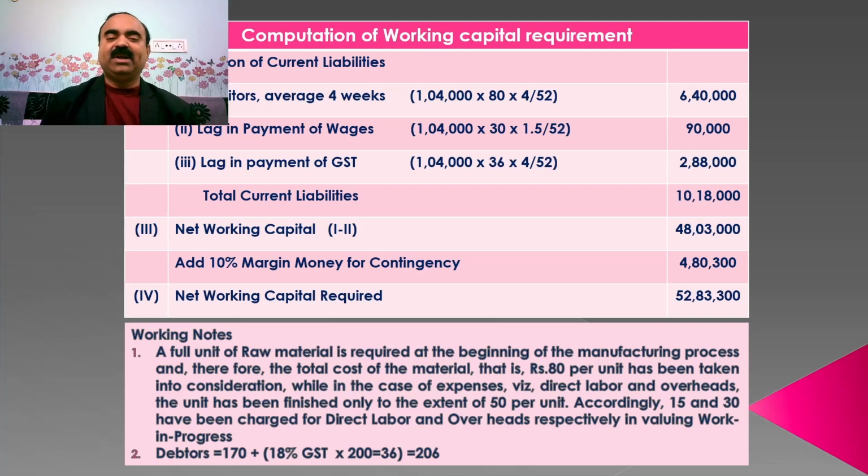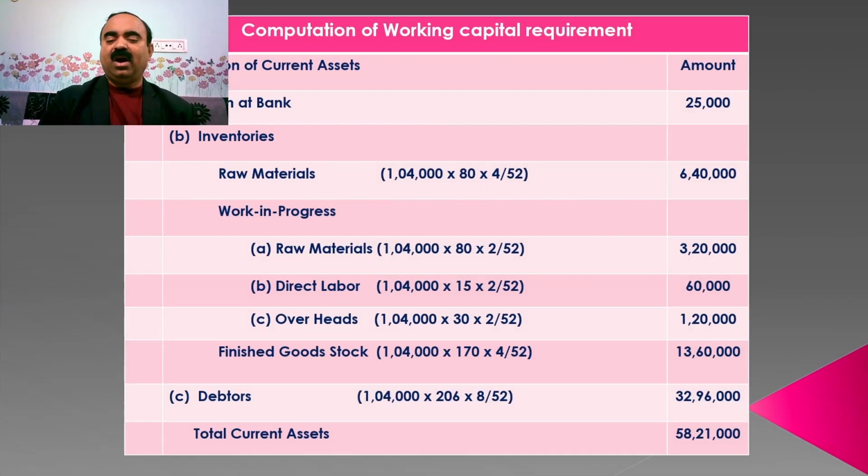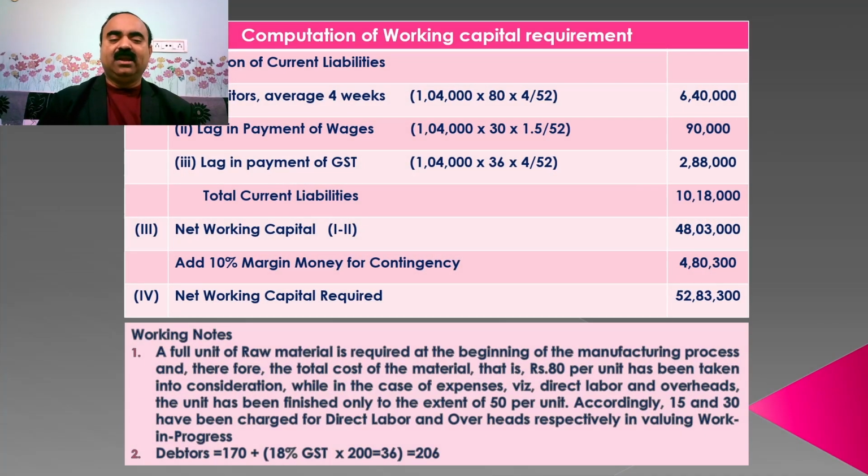The third step in computation of working capital requirement is finding net working capital, that is equal to current assets minus current liabilities. Hence, we subtracted 10,18,000 from the total current assets value of 58,21,000, and we get the net working capital amount of 48,03,000.